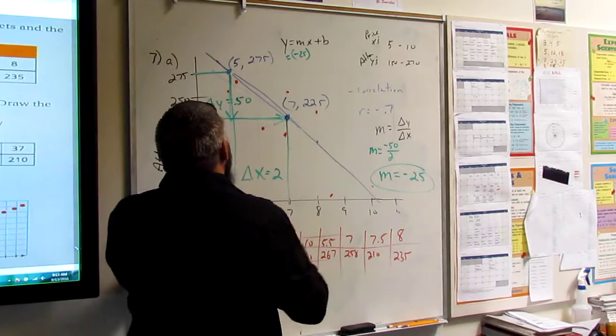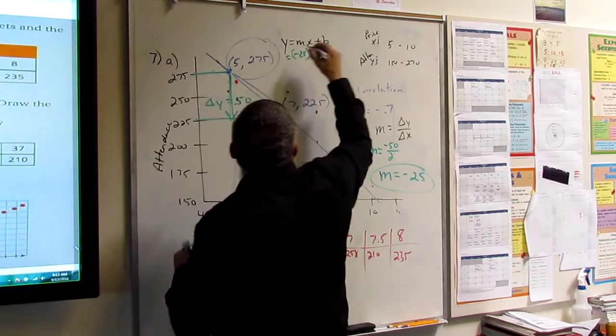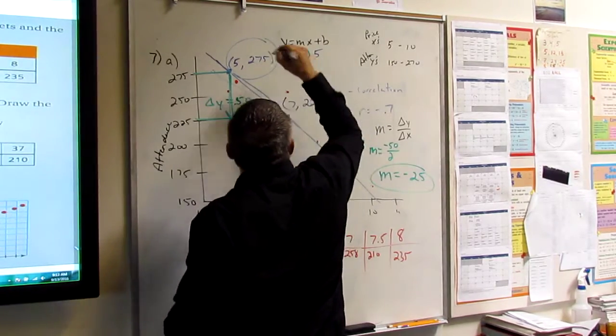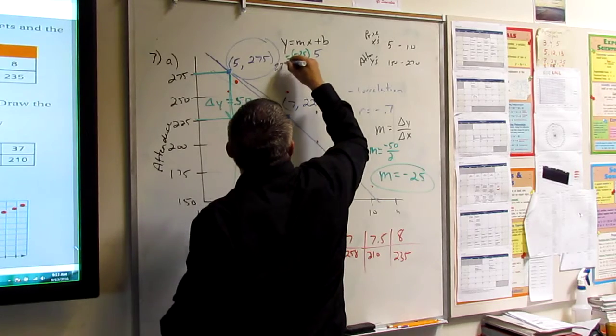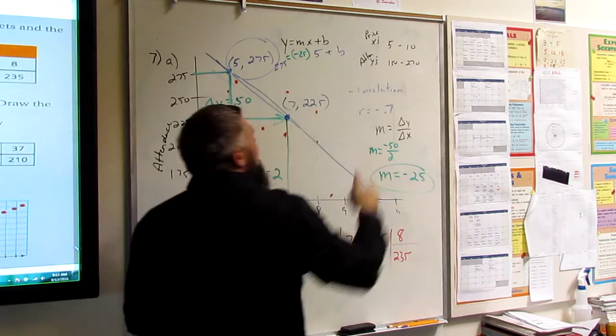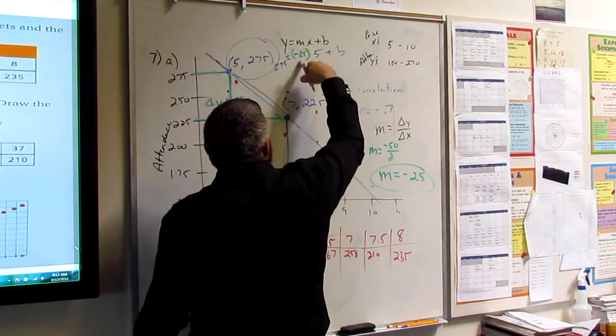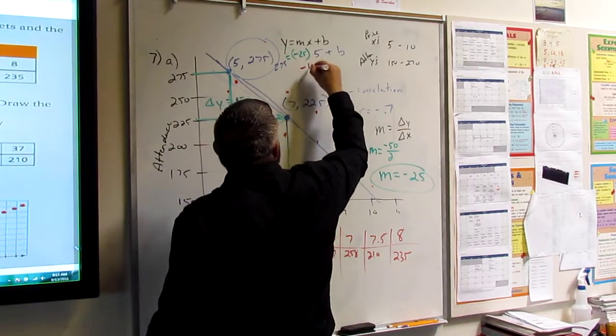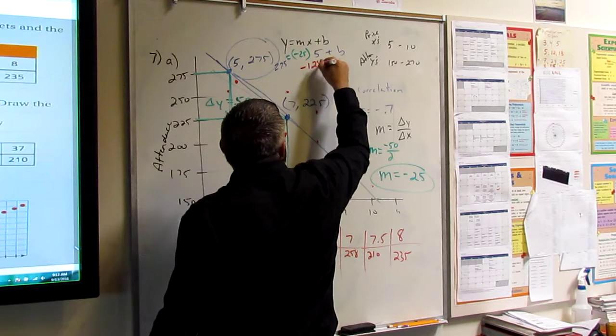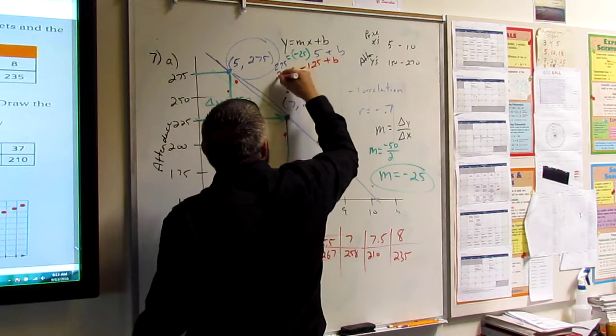So what's my x? I'm going to use the lowest x that I have, 5. What's my y? 275. What's my b? Well, I don't know. And what I'm left with is, what's 5 times negative 25? Negative 125, equals 275.